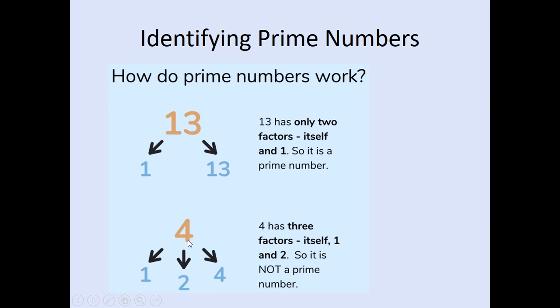So it has more than 2 factors. So it's not a prime number. We call it a composite number. So composite numbers are numbers that have more than 2 factors.